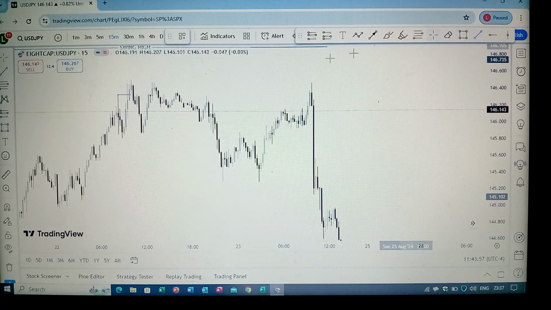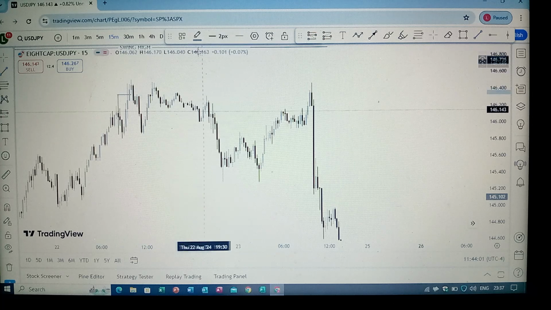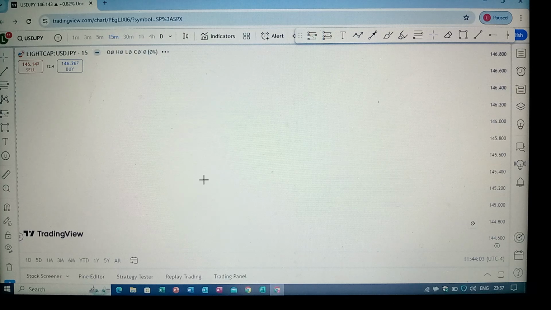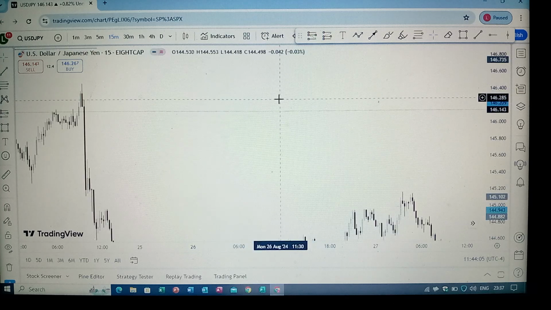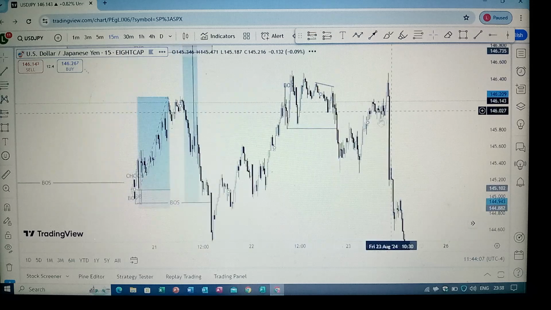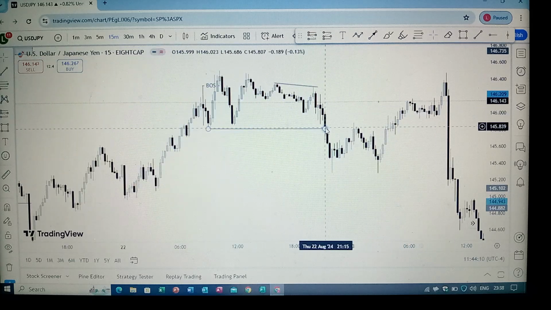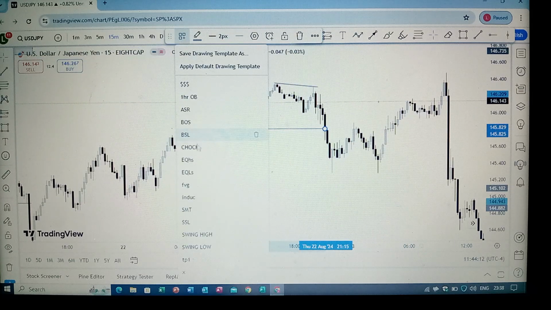But what I saw is that we have these relatively equal highs, or double top, whatever you call it, I don't know what you call it, but like, yeah.